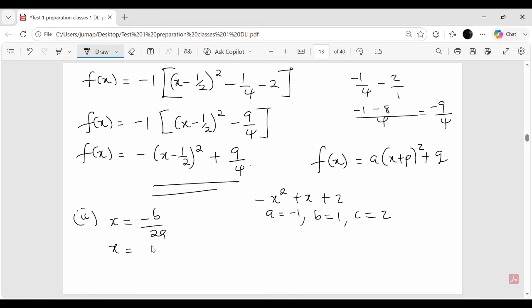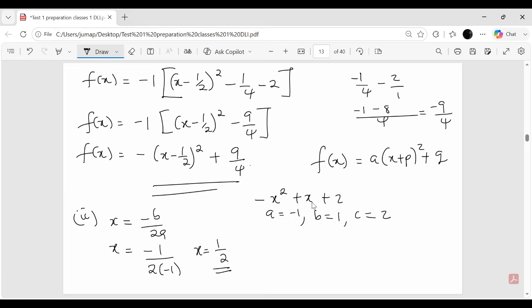So I'll just plug in here. Negative b is 1, over my a, which is negative 1. As a result, my x will be equal to 1 over 2. That's my x max, either minimum or maximum point.